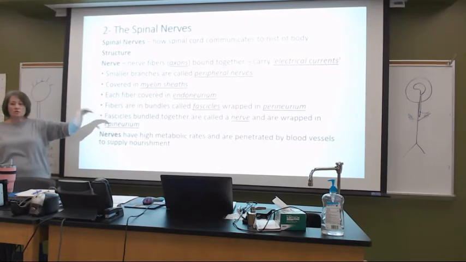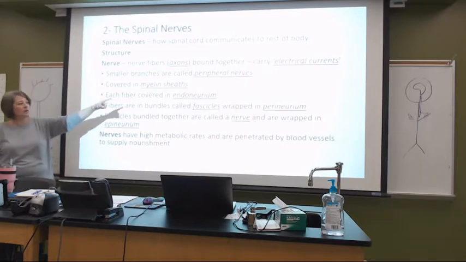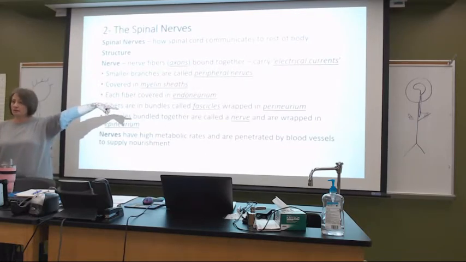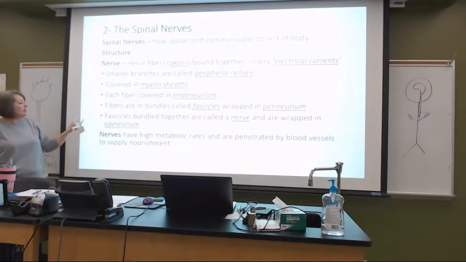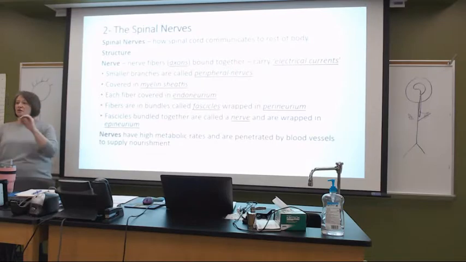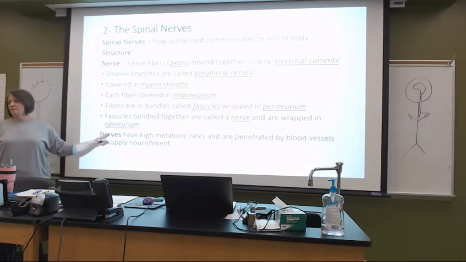The fascicles that are bundled together are wrapped in perineurium. Peri meaning middle. Okay? Fascicles are bundled together for the nerve. For example, that nerve exiting the vertebral column has a wrapping of epi to the outside.